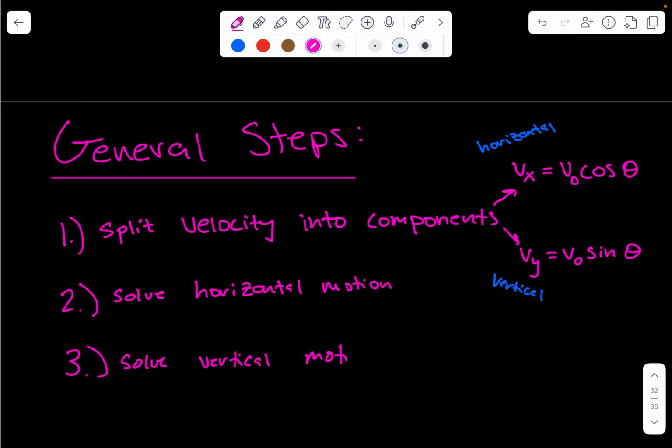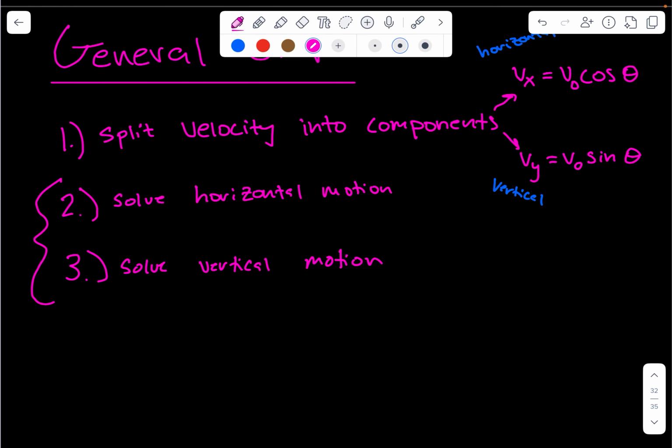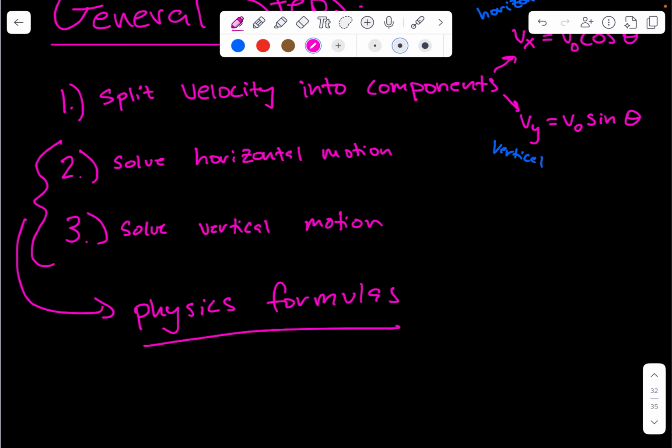And to do steps 2 and 3, this is where we need our physics formulas. For physics formulas, we always want to know what we are given and where we want to go, or what we want to find.